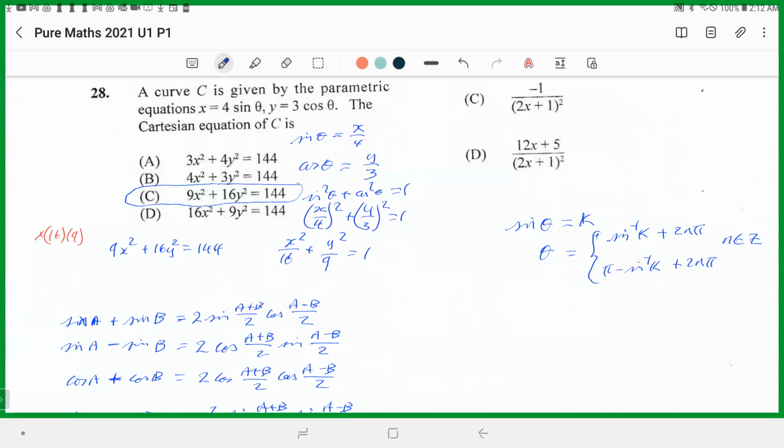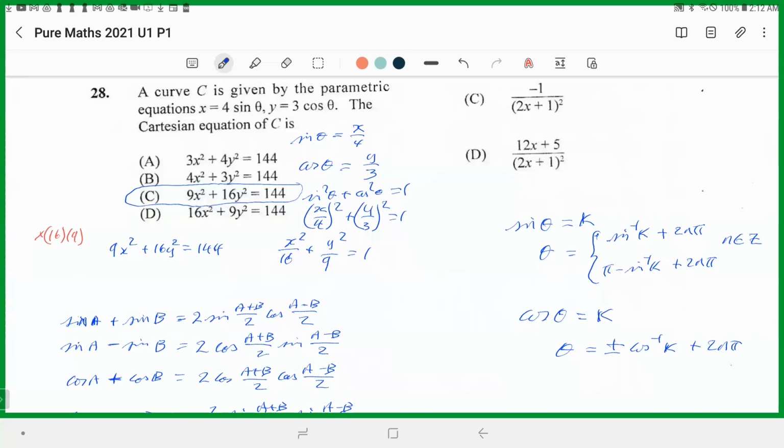Of cos theta equals k, then theta equals plus or minus cos to the minus 1 of k plus 2n pi.